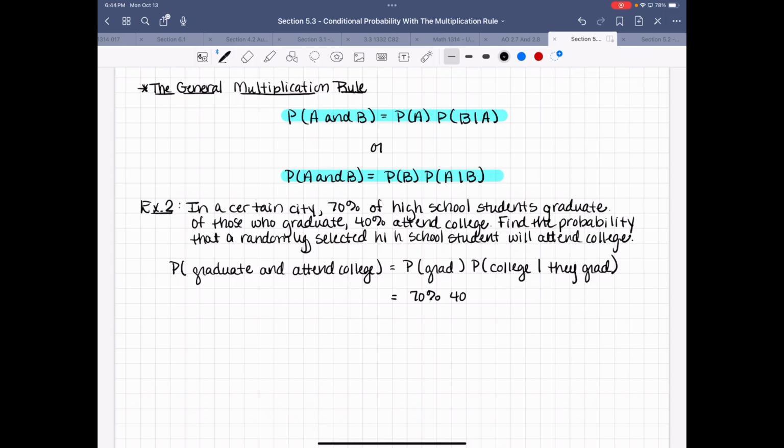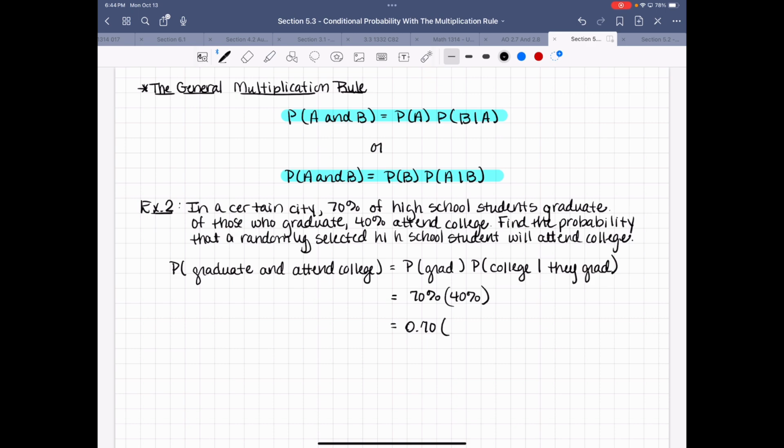So we're saying 70% times 40%. Well, we can't do that in our calculator. Well, actually, your calculator probably can. But we got to change those percents to decimals first, right? Well, what is 70% as a decimal? 0.70, right? Drop the percent, move the decimal 2 places to the left.